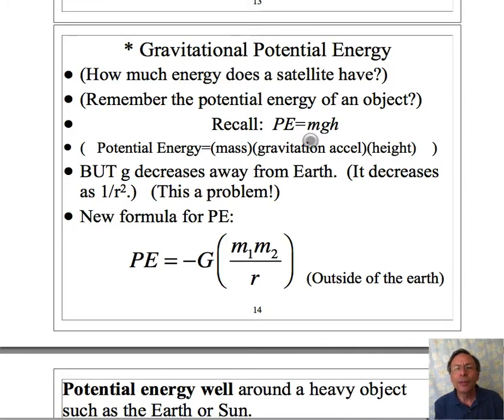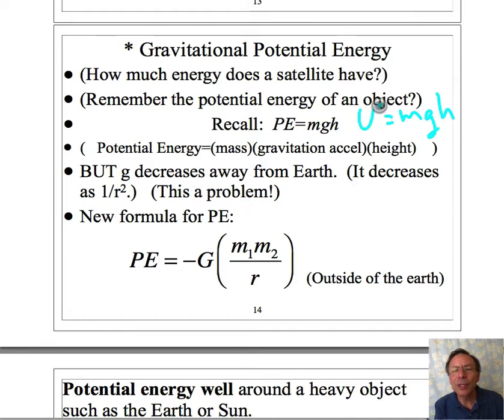You're already familiar with the formula mgh. In our textbook, the way it's written is U equals mgh. So that's the potential energy of an object of mass m at a height h above some reference height, for example, above sea level, and then g is the 9.8 newtons per kilogram.